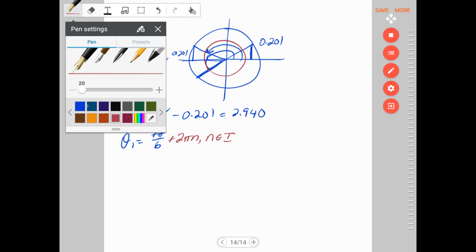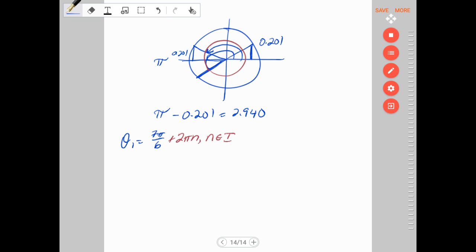Theta 2 was 11 pi over 6, and again, to make a full rotation from 11 pi over 6, I have to add another 2 pi n.